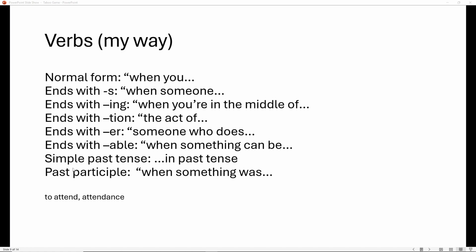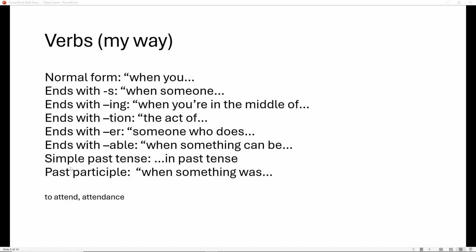So just past tense. I'll just usually say it like when something was, or in past tense. This is only for specific verbs, like for example, fly. There's flew and flown, right? Both past variants of the word, but they're used differently, but that's kind of complicated.